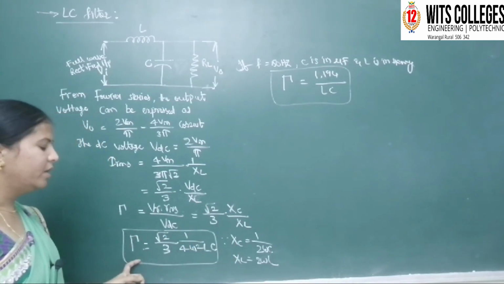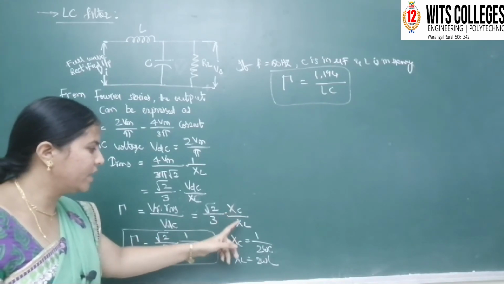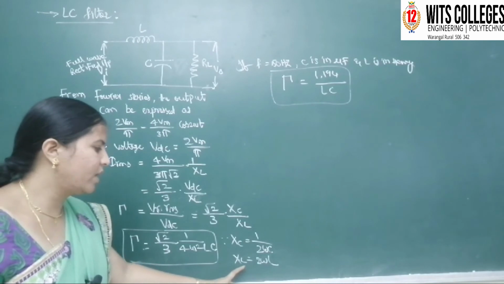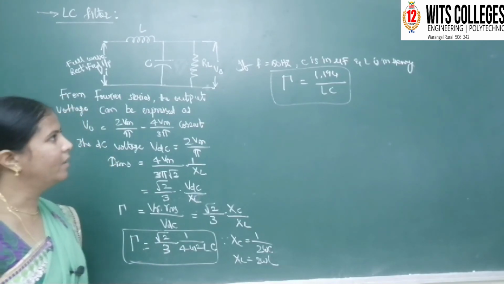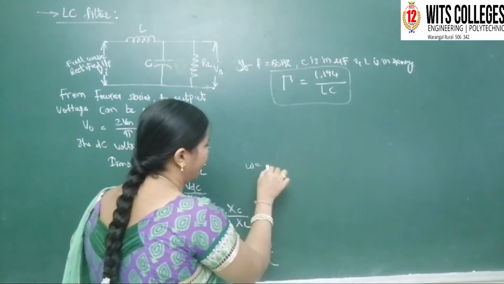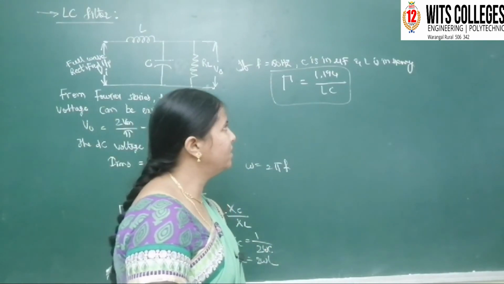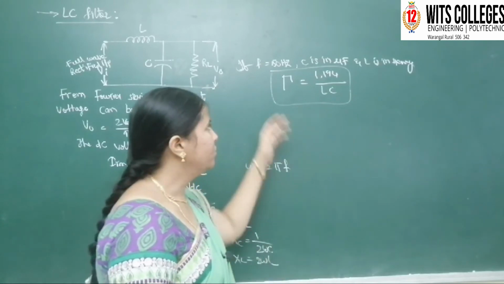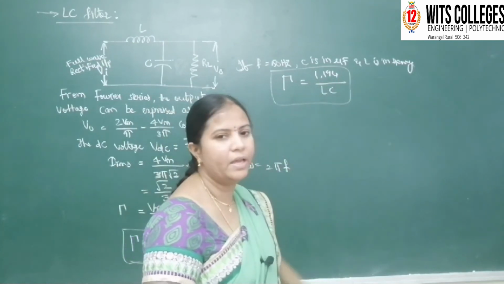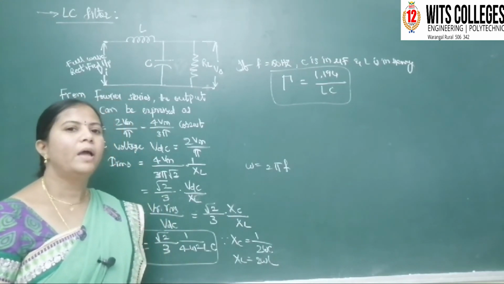So the ripple factor equals root 2 by 3 into 1 by 4 omega square L C. Here, if you substitute XC and XL values, 1 by 2 omega C for capacitive reactance and 2 omega L for inductive reactance, with omega equal to 2 pi F, and frequency as 50 Hz, capacitor in microfarads and L in henries, you will get the ripple factor of the LC filter or L section filter as 1.194 by LC. So this is the ripple factor calculation of the L section filter or LC filter.